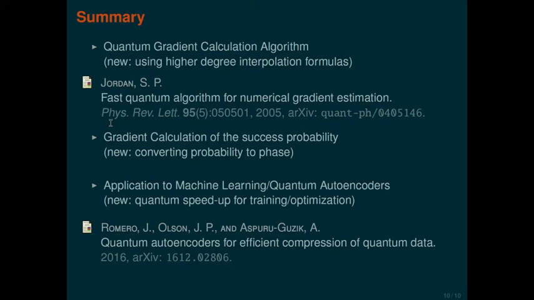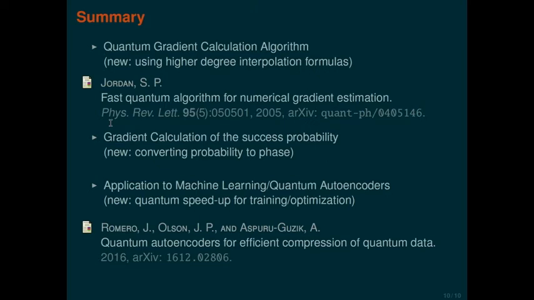And then we showed how to actually convert success probability to phase, a unitary which gives me a phase back. And I showed an application to machine learning, namely the quantum autoencoders paradigm.